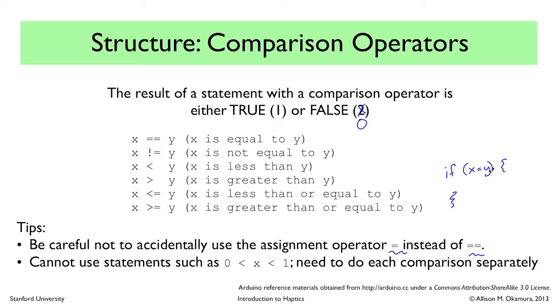So in this case, you'll always be true. So anyways, the main point is that you do not want to use the assignment operator here. You want to make sure to use the comparison operator.